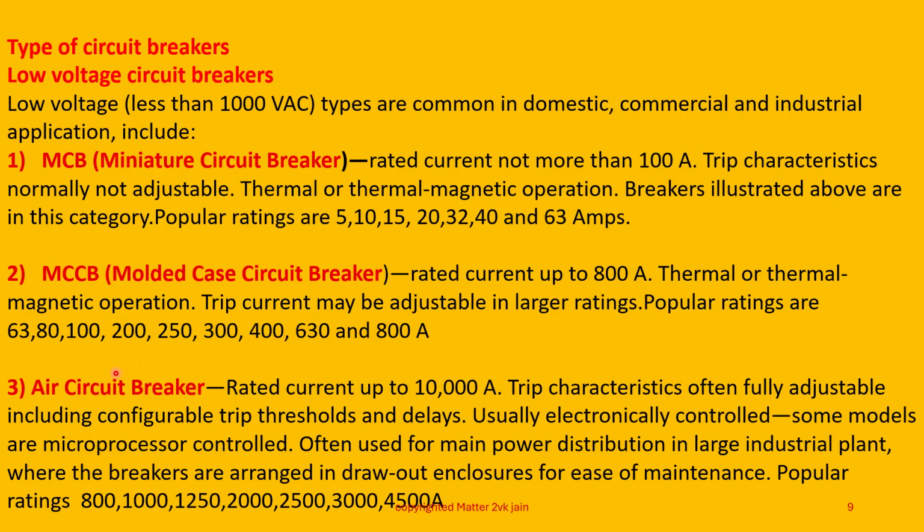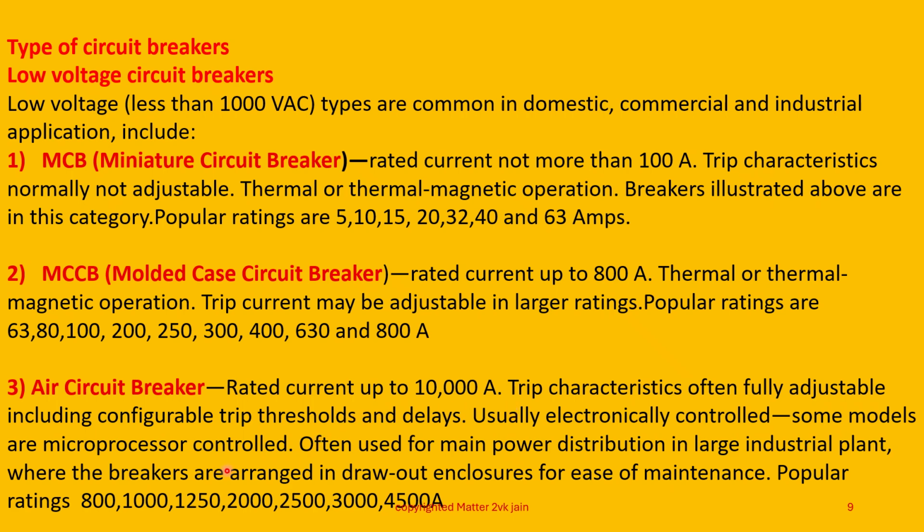The next higher capacity is air circuit breaker. Rated current up to 10,000 amperes. Trip characteristic often fully adjustable including configurable trip threshold and delays. Usually electronic operating control, some models are microprocessor control.